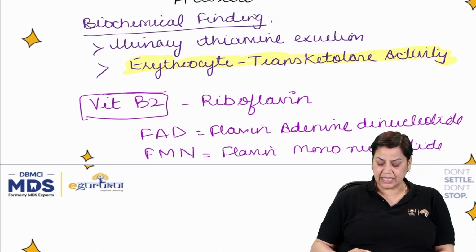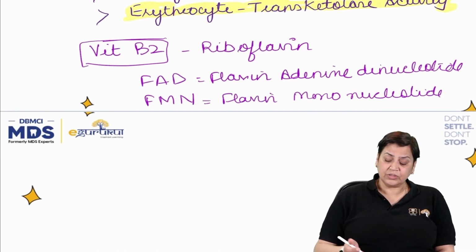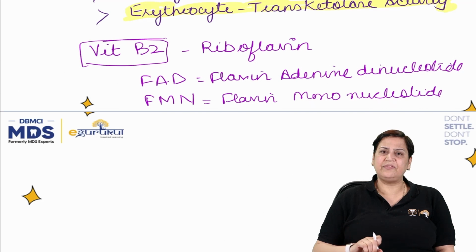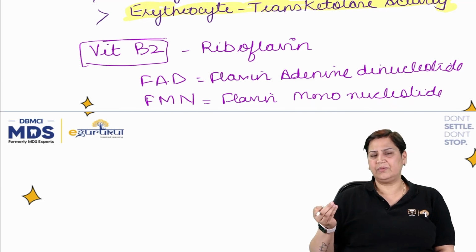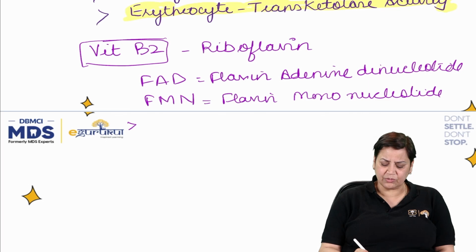Regarding sources, riboflavin is found in milk; we say the color of cow's milk is more yellow than buffalo's milk. Riboflavin is slightly yellowish in color, and that is why we call it Warburg's yellow enzyme.